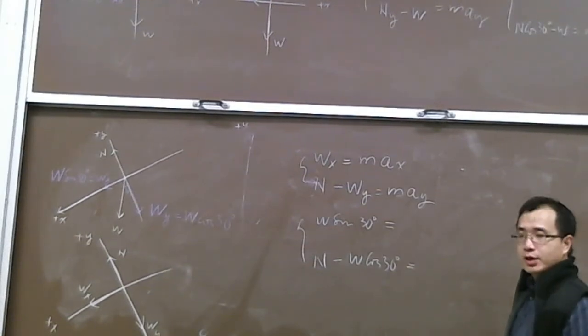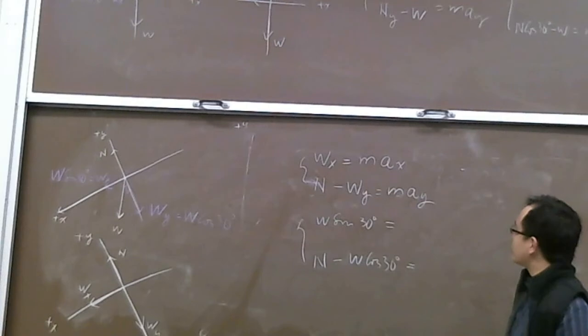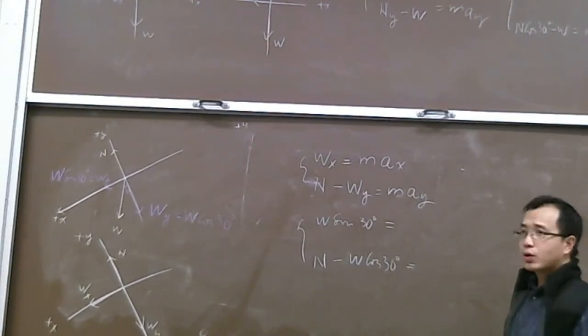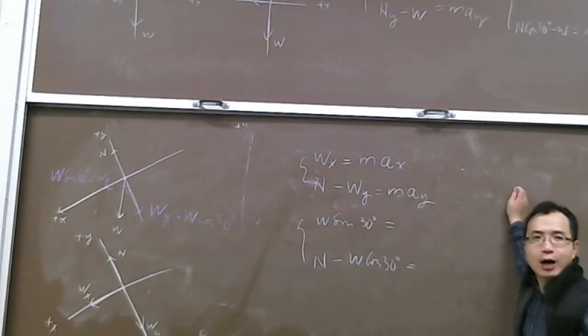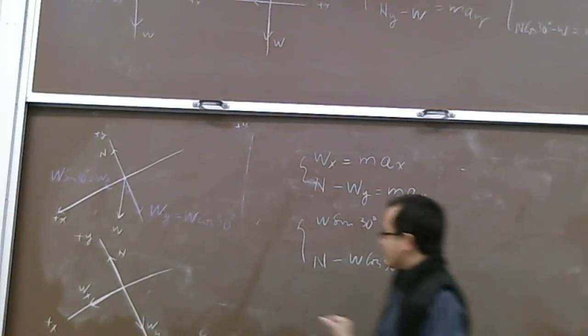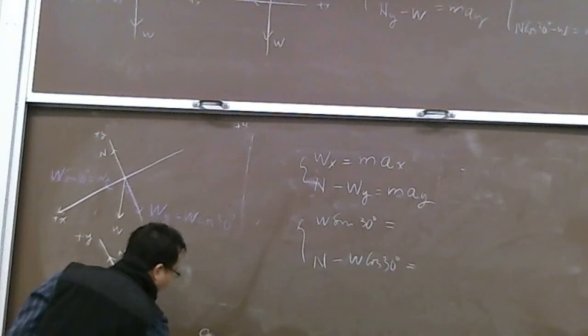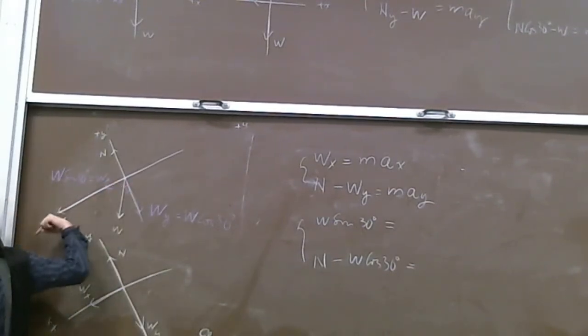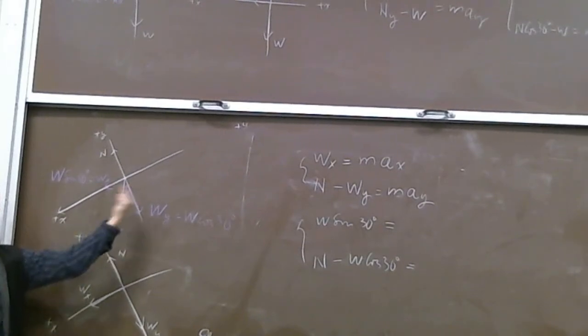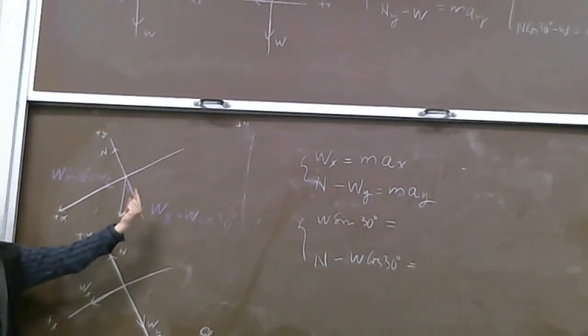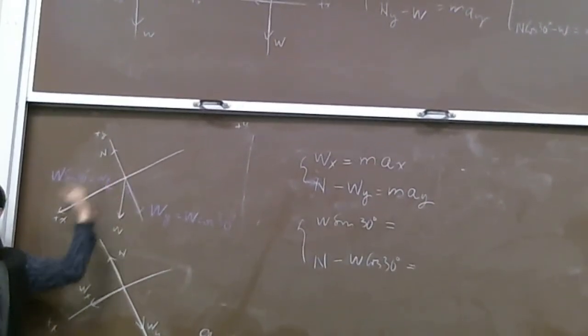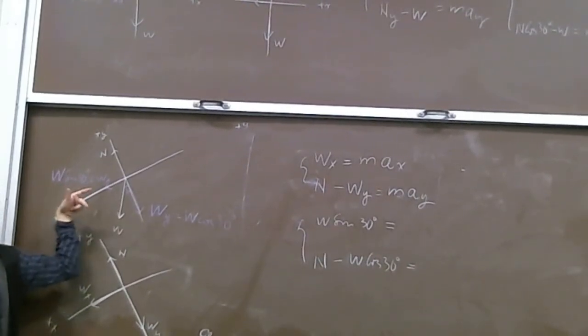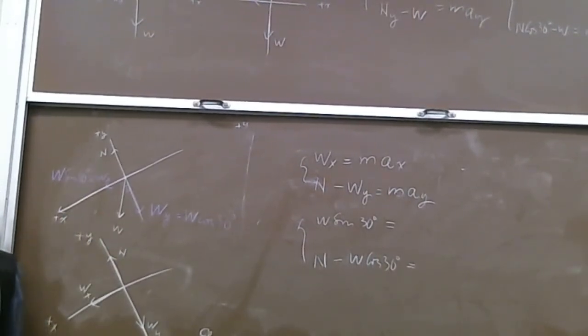Now, let's look at the acceleration. In those coordinates, is there any zero component? Yes. In those coordinates, ay has to be zero because now the motion is along the x direction. We intentionally make the x coordinate along the direction of motion to make ay equal to 0.